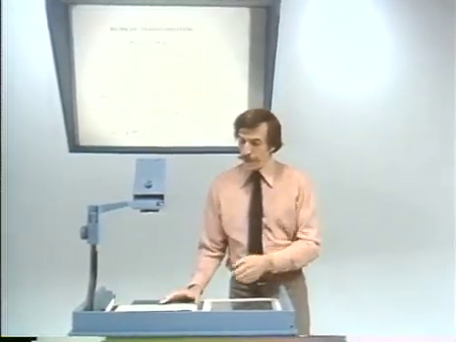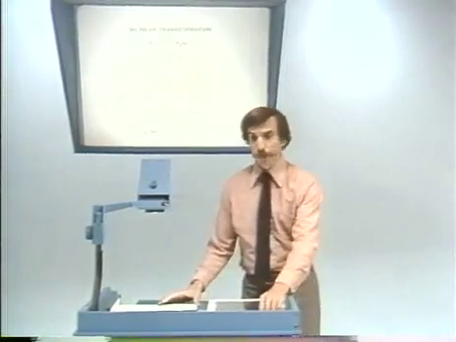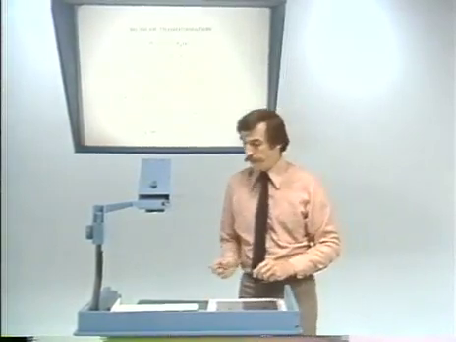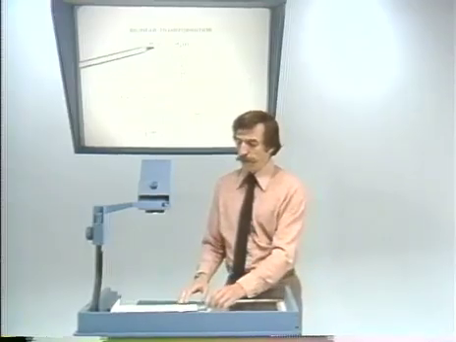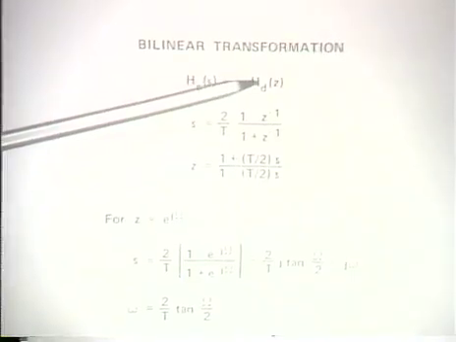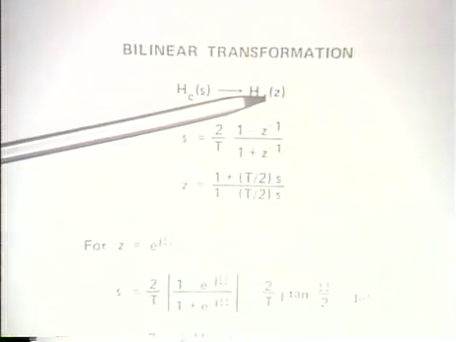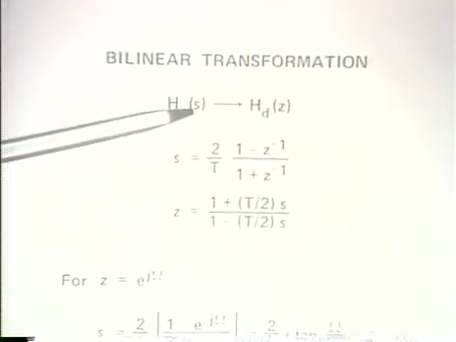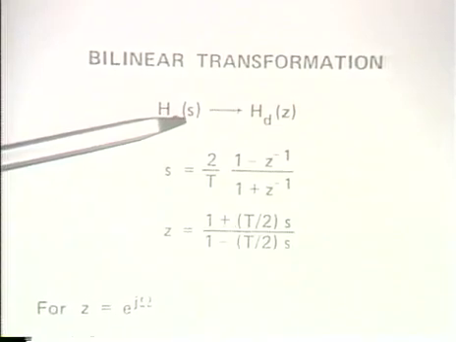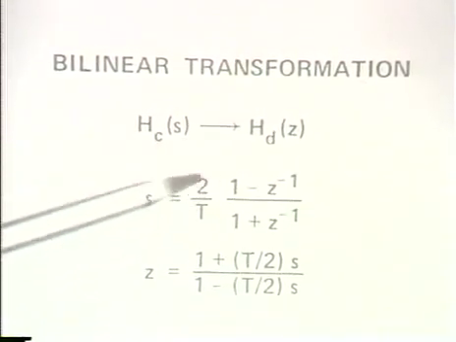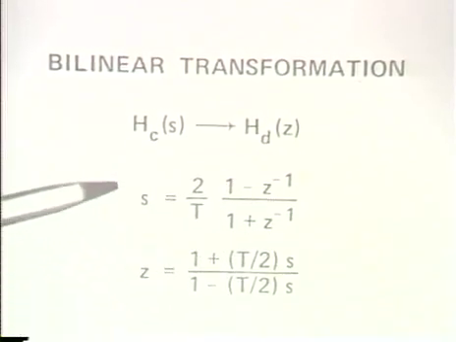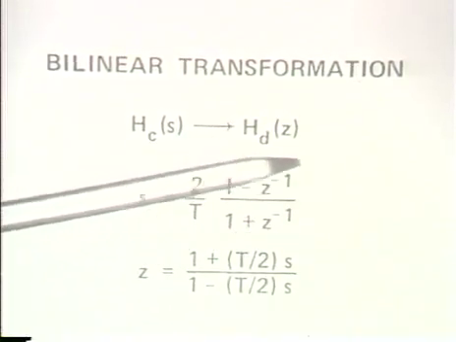The bilinear transformation, which I won't try to derive here in any detail, is a mapping of continuous time filters to discrete time filters corresponding to taking the Laplace transform variable s in the continuous time filter and replacing it by what is referred to as a bilinear function of z.